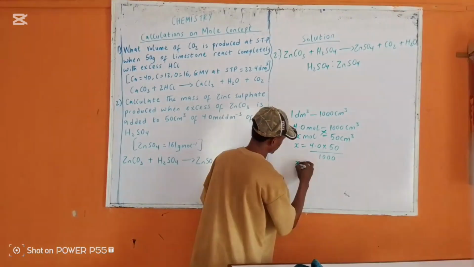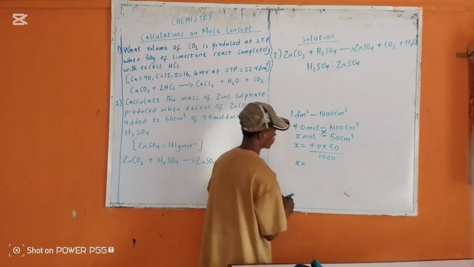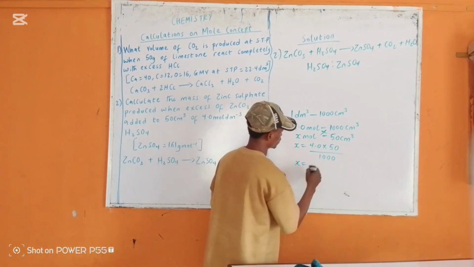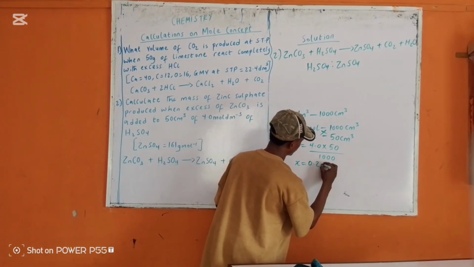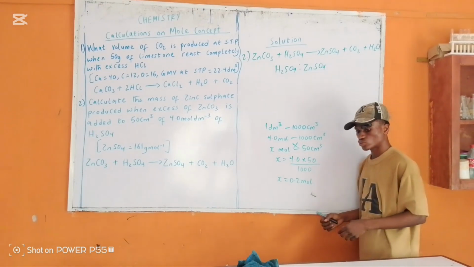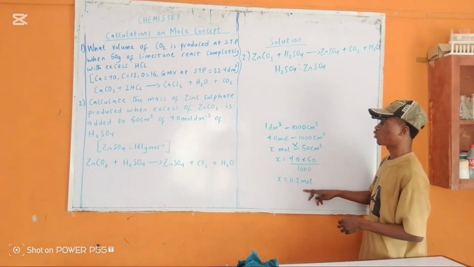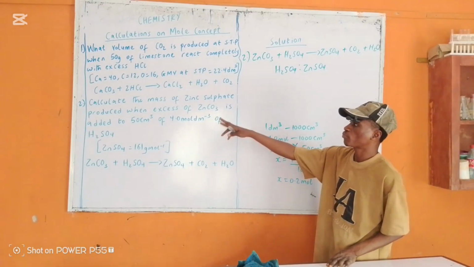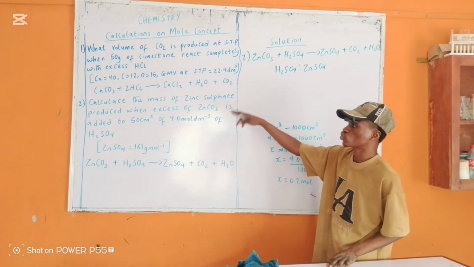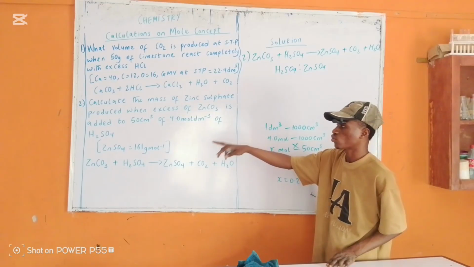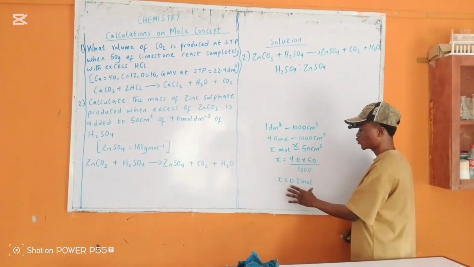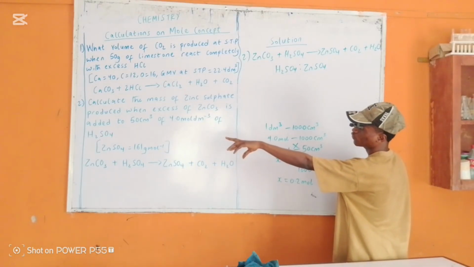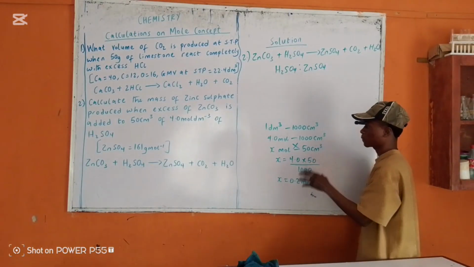We get 4 times 50, which is 200. 200 over 1000 will be 0.2 mole. We have 0.2 mole as 50 cm³ of 4.0 mol/dm³ of H2SO4. So 0.2 mole is the value of H2SO4.